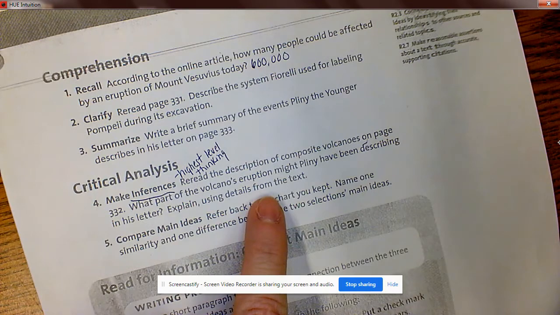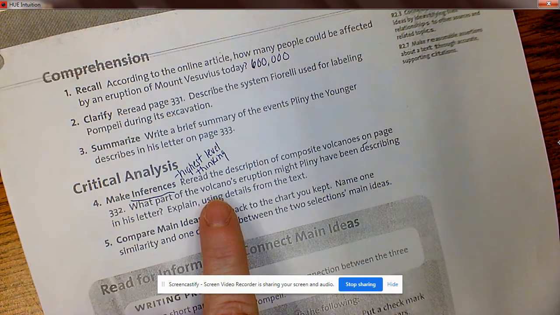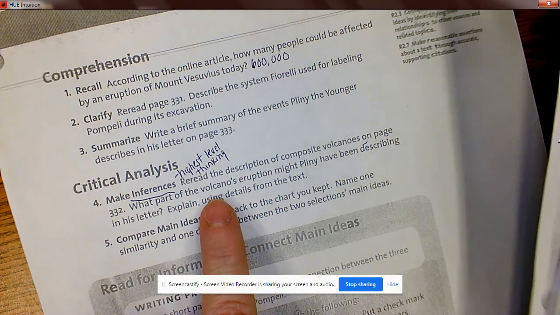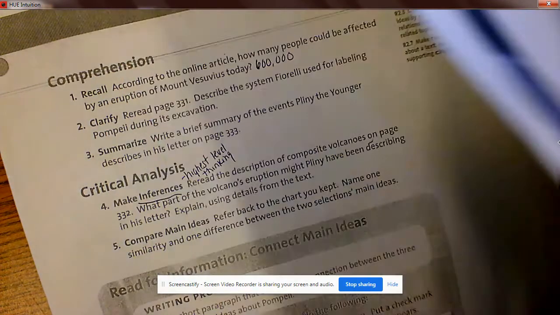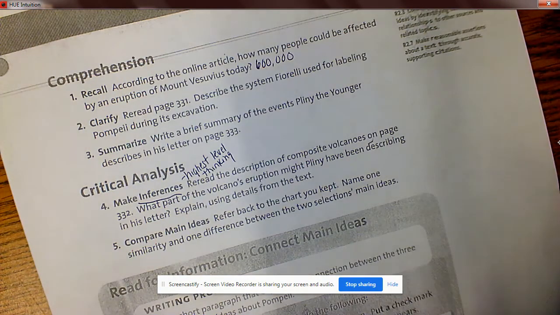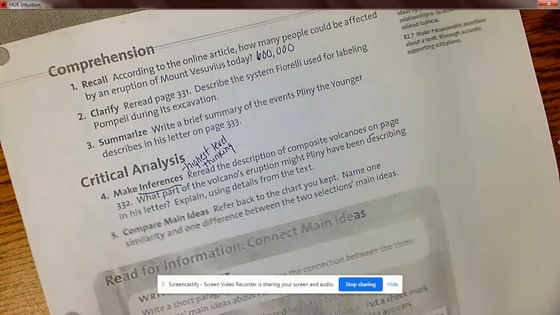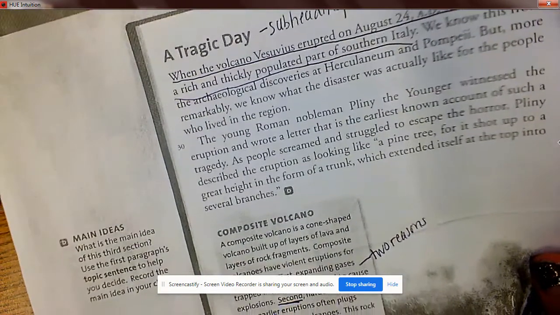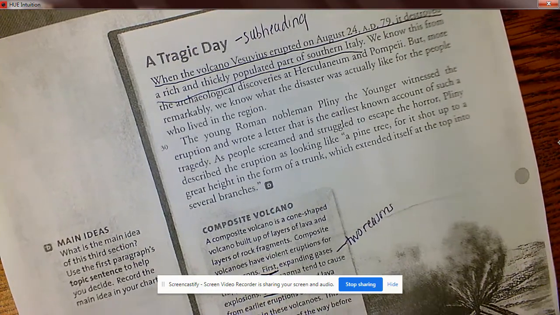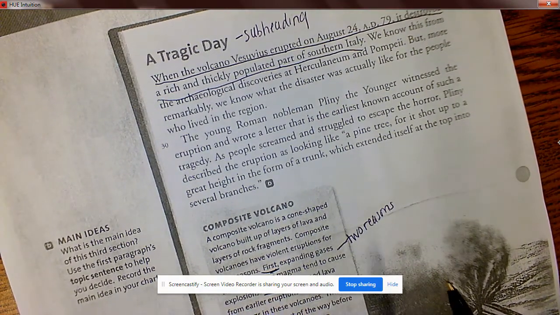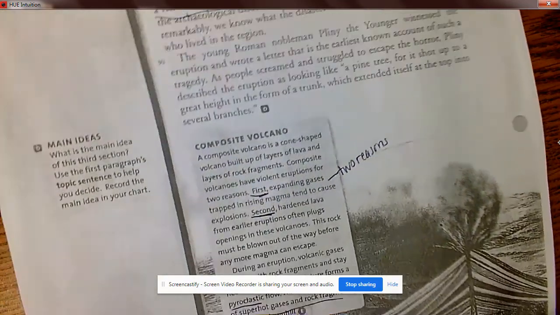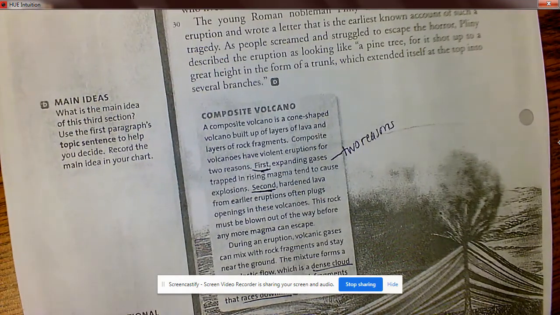And we want to read about composite volcanoes. Oops, 332. That was here. Okay. So when I read it, I wasn't really actively reading. I wasn't trying to get it into my head.